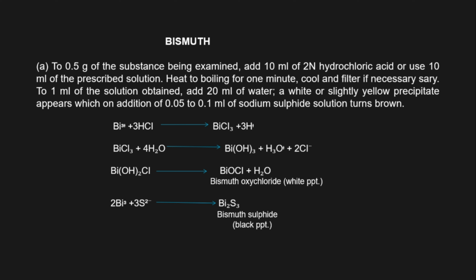This dissociates to give bismuth oxychloride and a water molecule. This bismuth oxychloride forms the white precipitate, and when we add sodium sulfide to it, the bismuth ion reacts with sulfide ion to form bismuth sulfide, which gives us the brown precipitate.